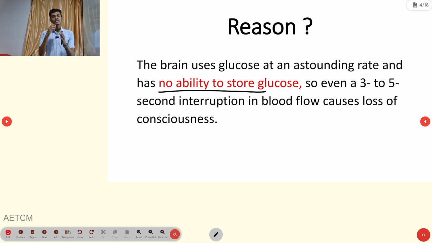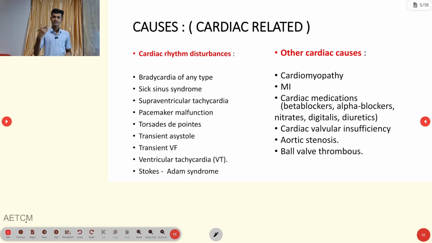If you cut off the circulation, it will sleep. Even 3 to 5 seconds of interruption in blood flow will cause loss of consciousness. So that is the reason for the syncope.